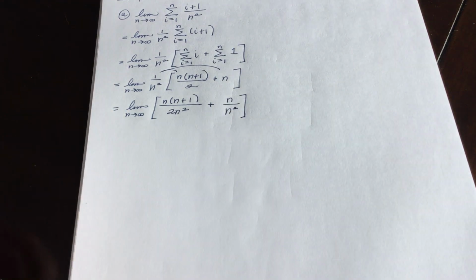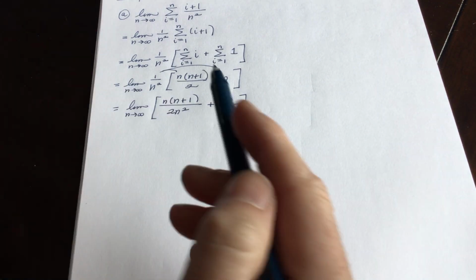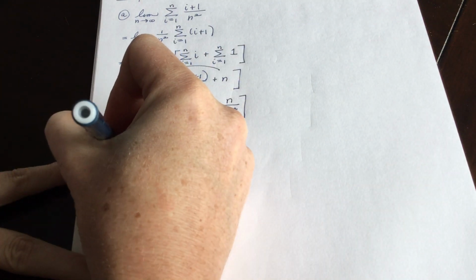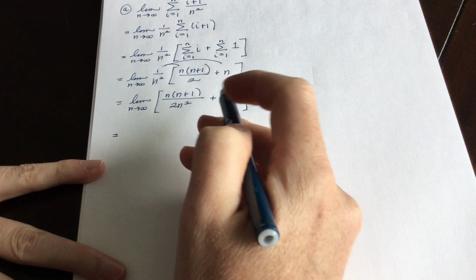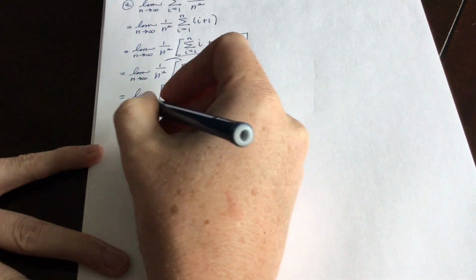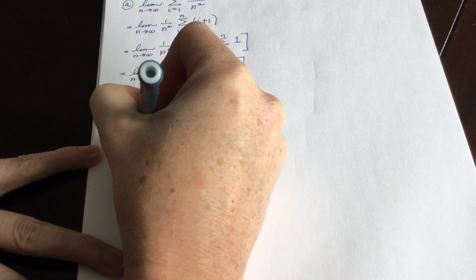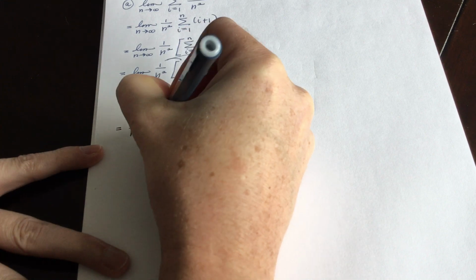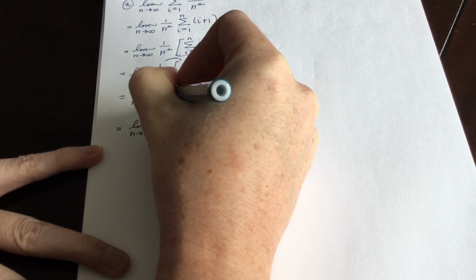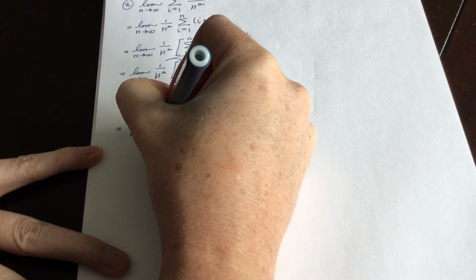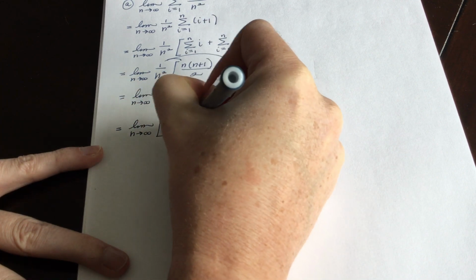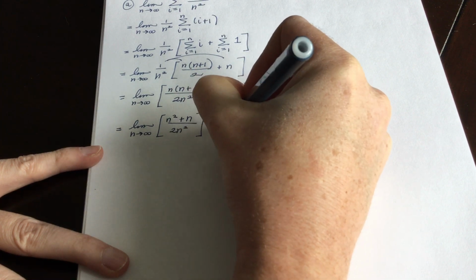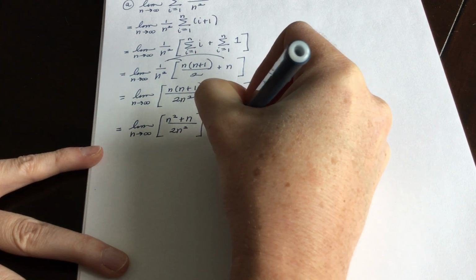But I want to show you that it won't matter whether you do or not. So if you recall properties of limits, limits distribute over addition. So either on paper or in your head, what I need to figure out is the limit as n goes to infinity of this first part, which you could think of as (n squared plus n) over 2n squared, plus the limit as n goes to infinity of the second part.